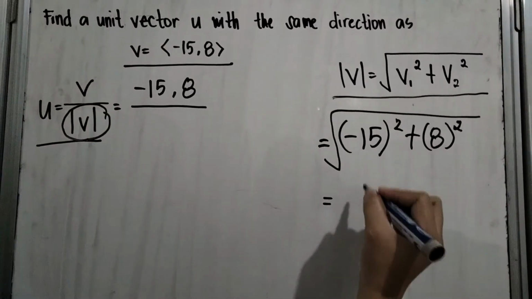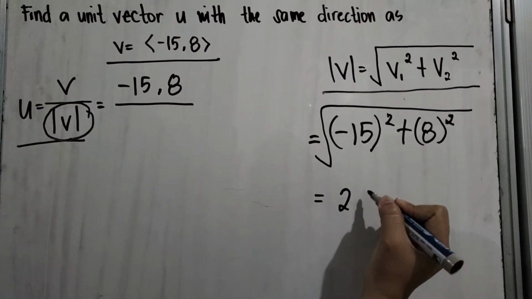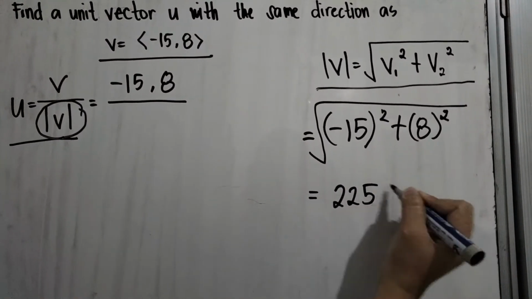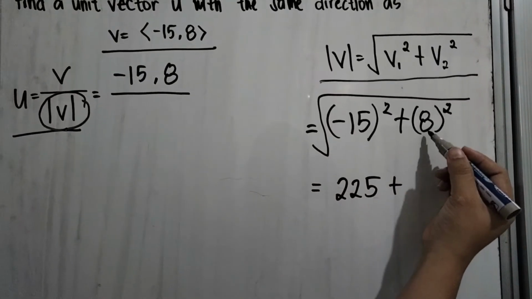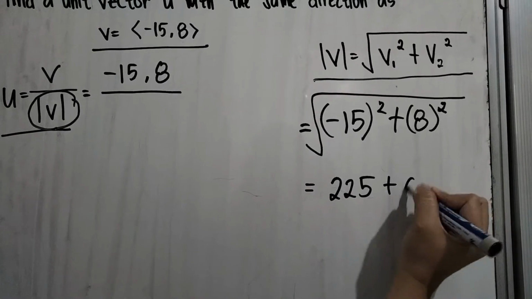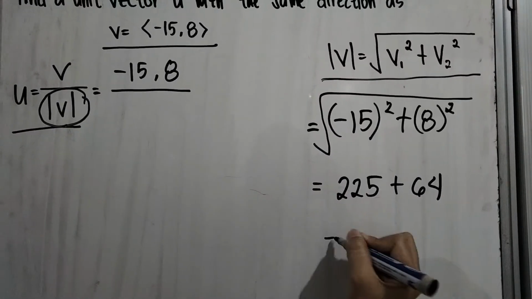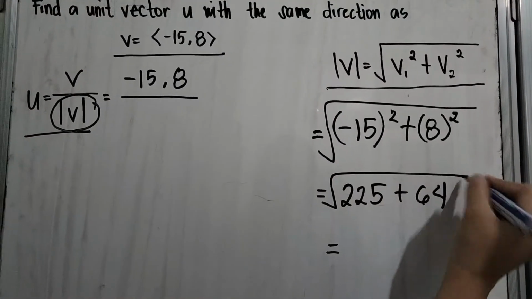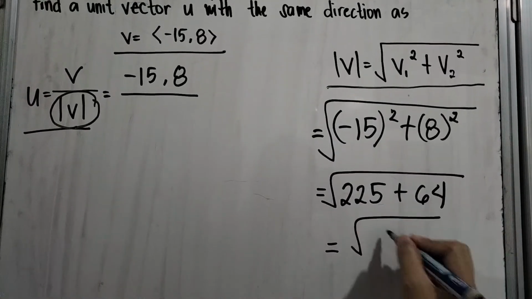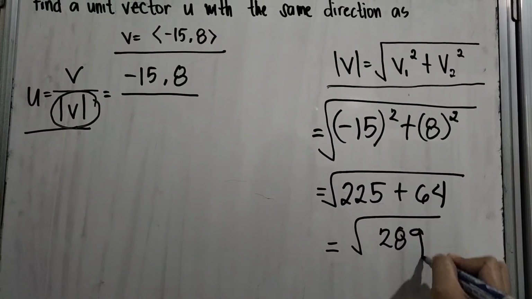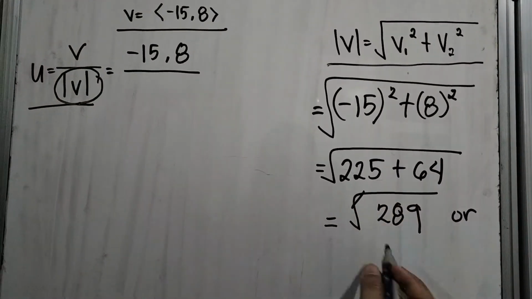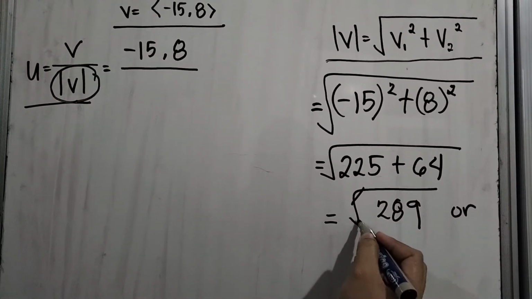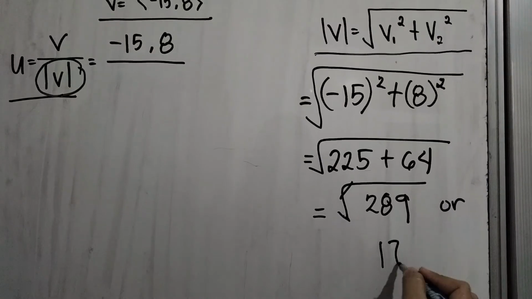Negative 15 squared is 225 plus 8 squared is 64. So equals square root of 289, or para maging whole number lang siya, it's 17.